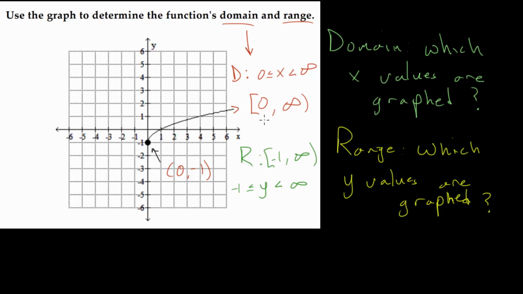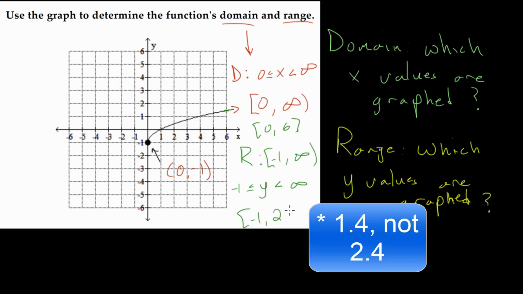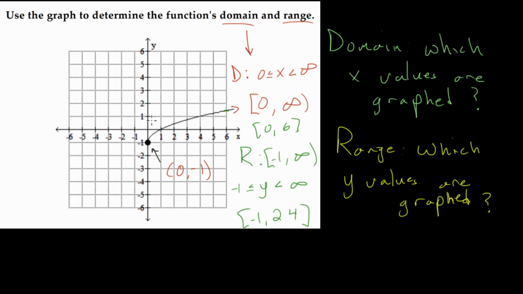So if we want to go off the graph, the x values go from 0 to 6, and the y values go from -1 to right about here, which we can maybe say is 2.4 or so. But again, that's just based on the picture, though it does seem like this function is increasing or continuing forever. Since if you recognize it, this actually just looks like a square root function where everything was shifted down 1 unit.